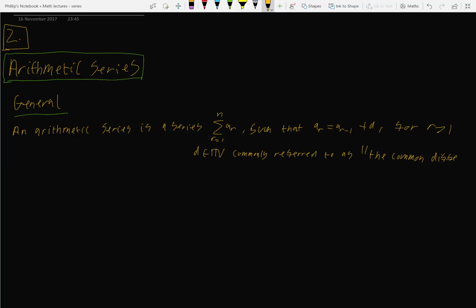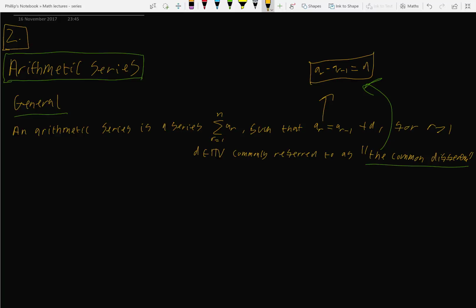The reason for that is if we take any two adjacent terms, or terms next to each other in the sequence, or in the summation, and we take them away, we're always going to get d. So that's the reasoning behind the common difference.